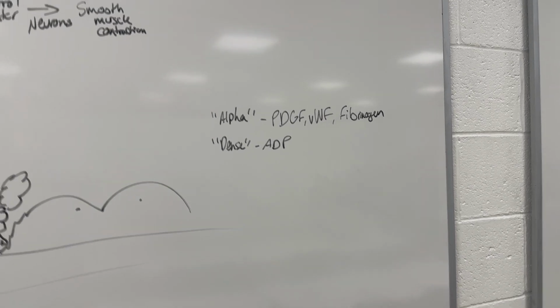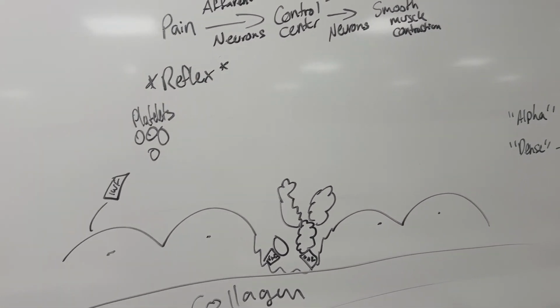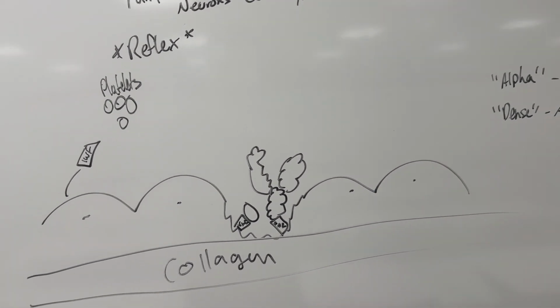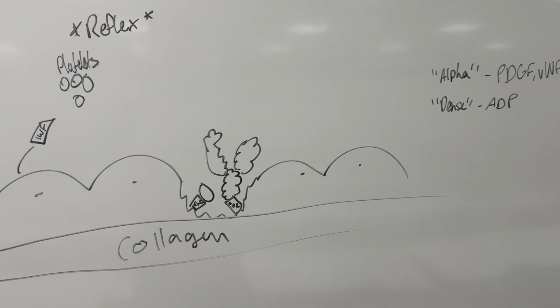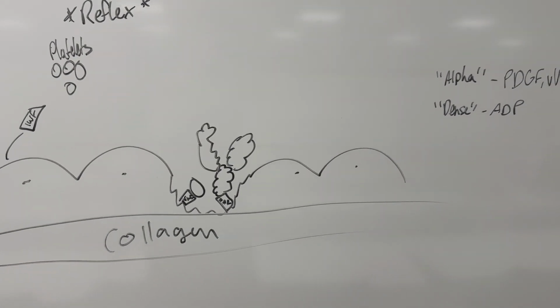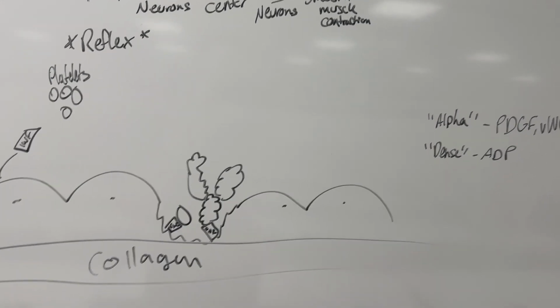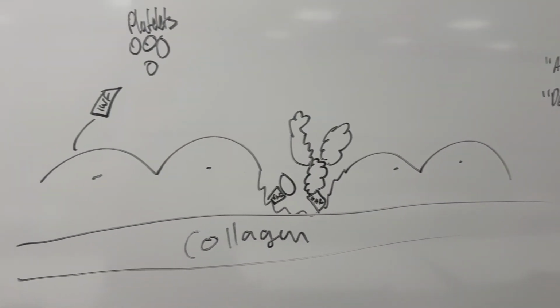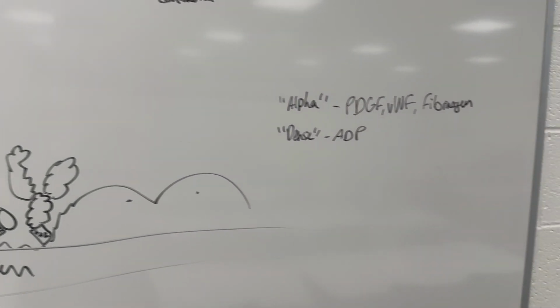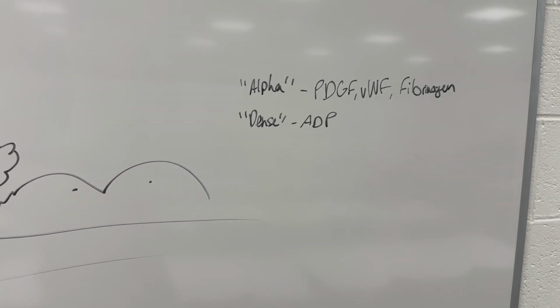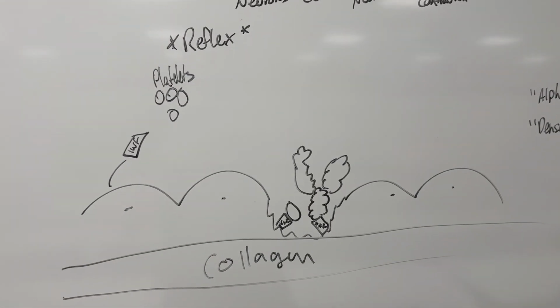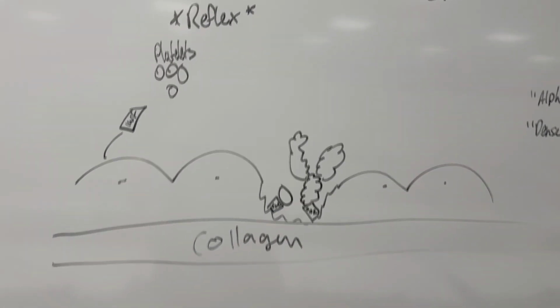And then it's going to secrete fibrinogen, which is going to bind our platelets together to help us get a bigger network. And as each of these platelets activate, they in turn activate more. So we have a big positive feedback cycle here. And then our dense granules are going to secrete ADP, which is going to activate these new platelets here.